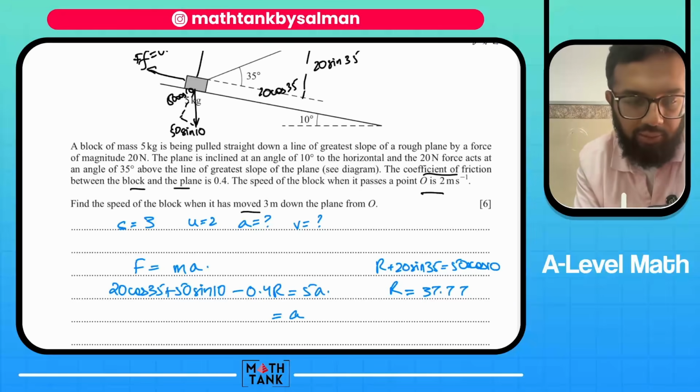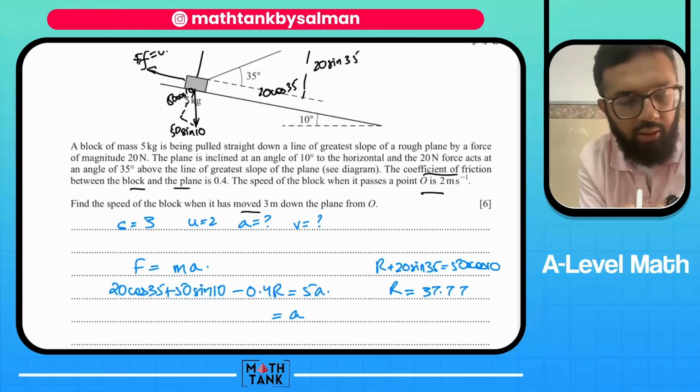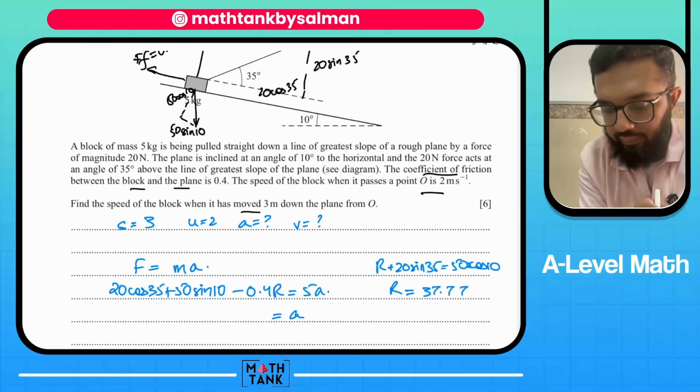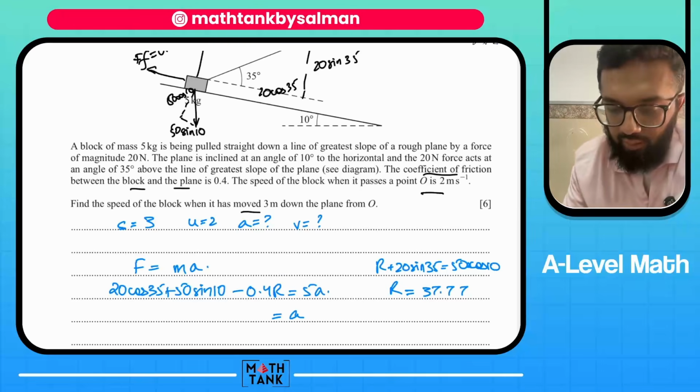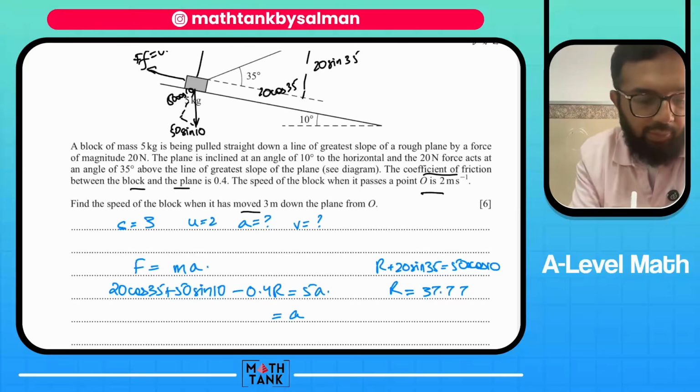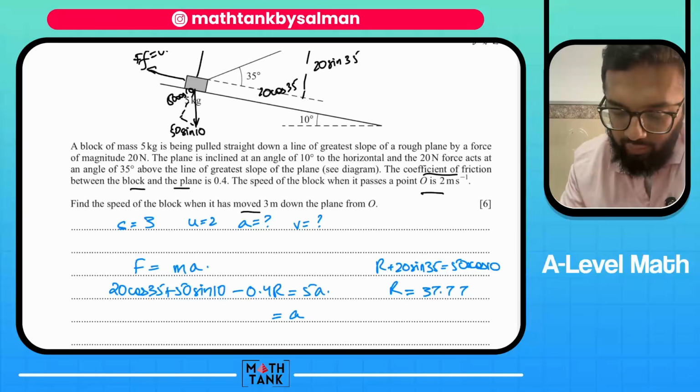I'm going to multiply that by minus 0.4, plus 50 sine 10, plus 20 cos 35, and divide by 5. So a is coming out as 1.9916.